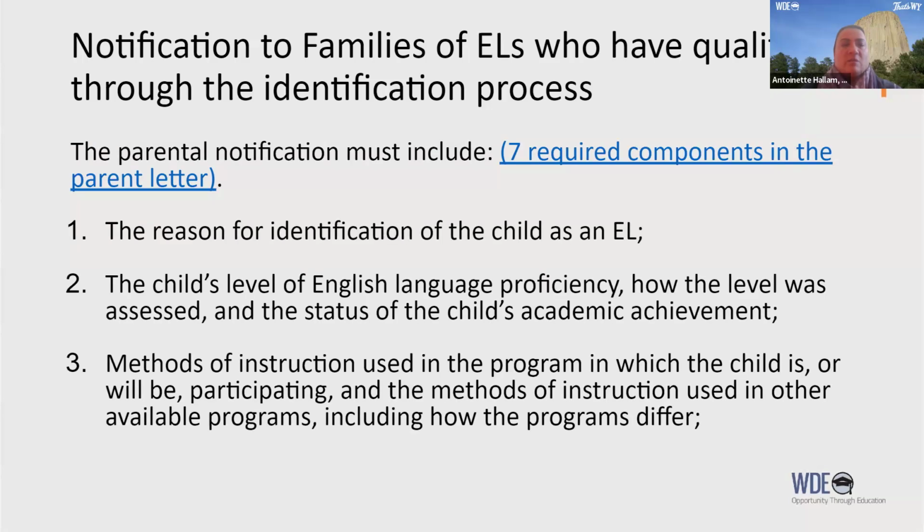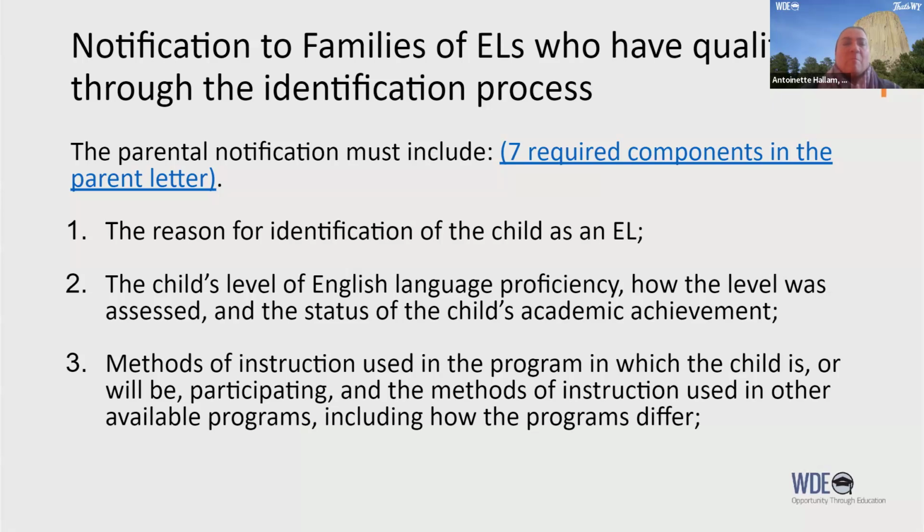The parent notification must include 7 required components. The first one is the reason for the identification of their child as an EL. Number 2, the child's level of English language proficiency, how that level was assessed, and the status of the child's academic achievement.